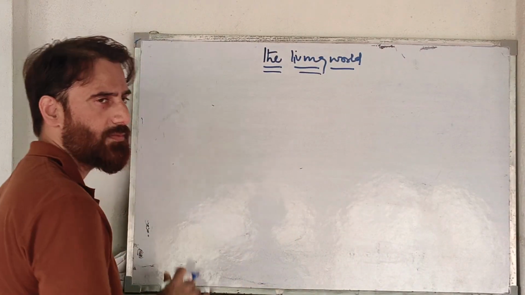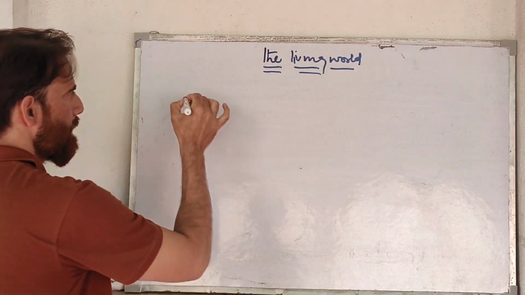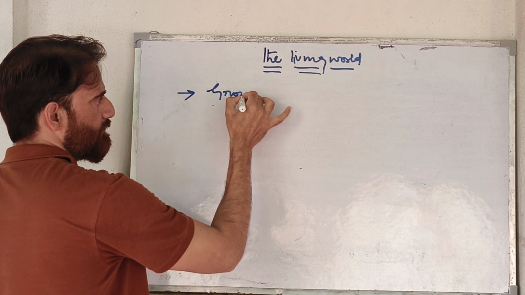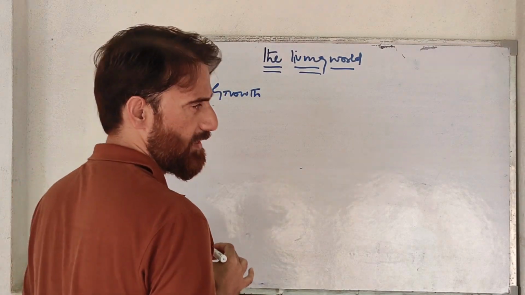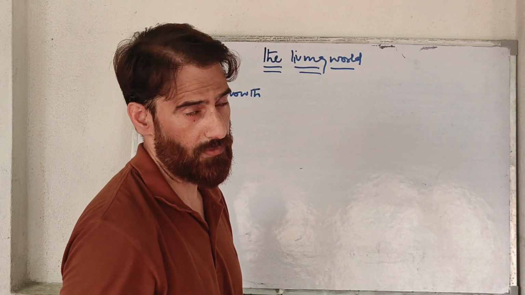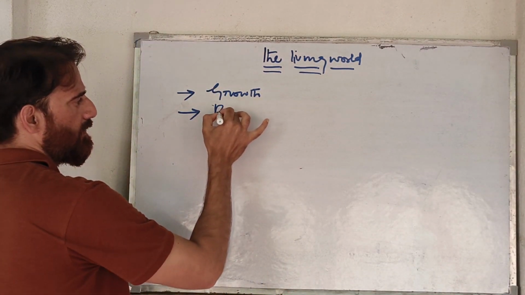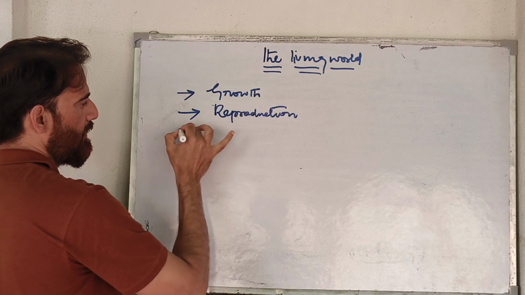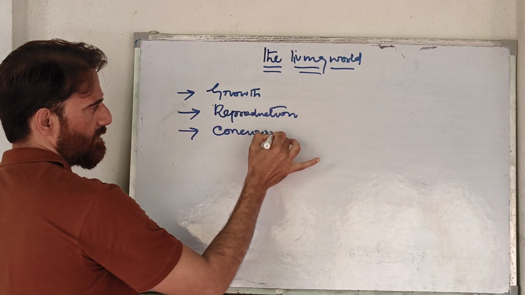There are some important properties to discuss about the living world. These are the important properties on the basis of which we can distinguish the living from the non-living entities: growth, reproduction, then consciousness.